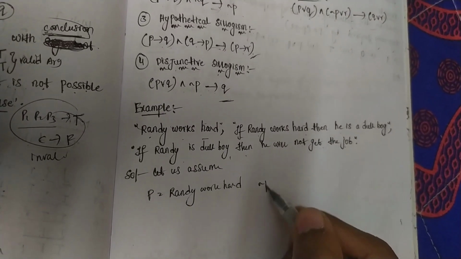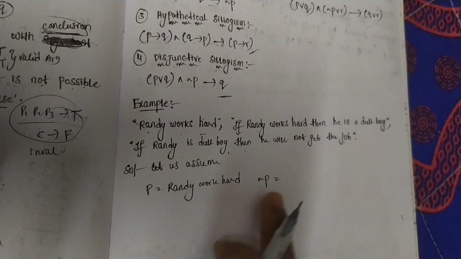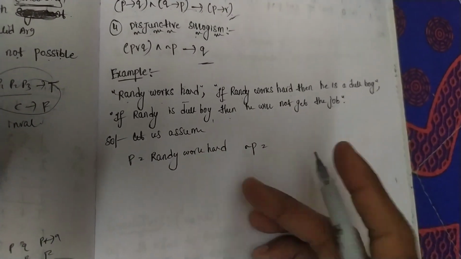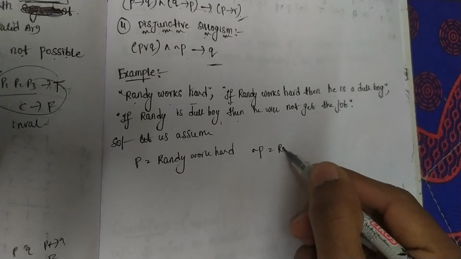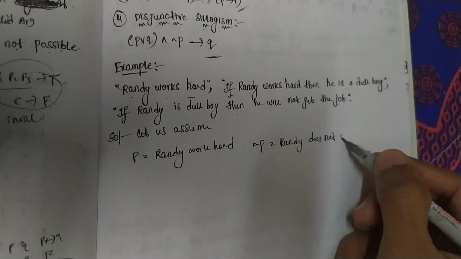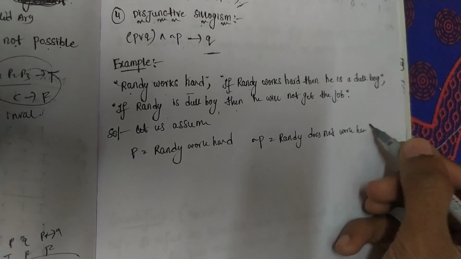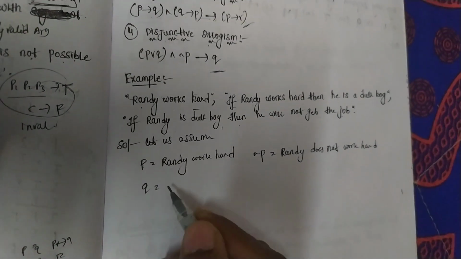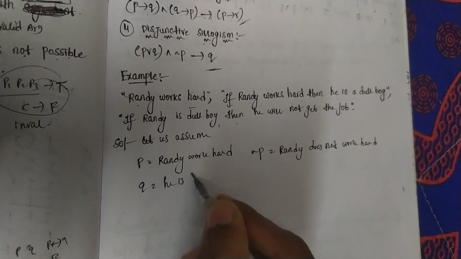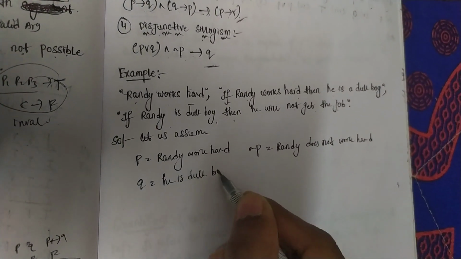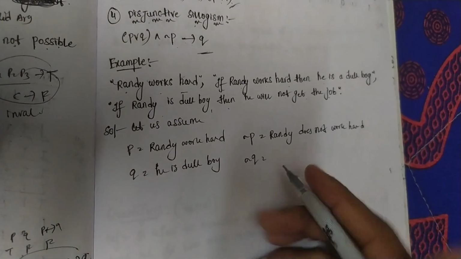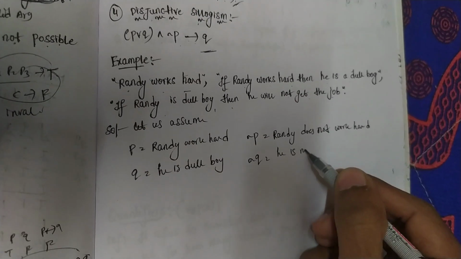Negation P is the opposite value of P, so negation P means Randy does not work hard. Now Q equals he is a dull boy, and negation Q is the opposite, he is not a dull boy.